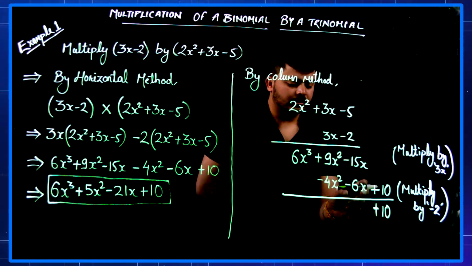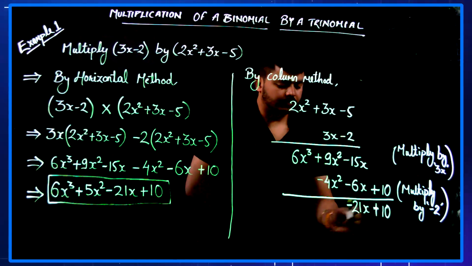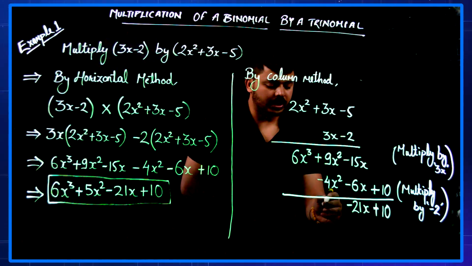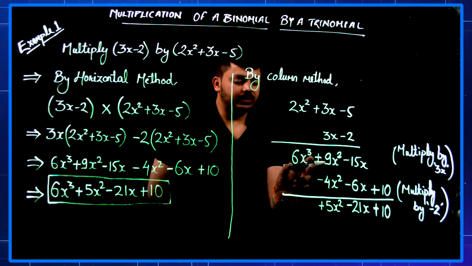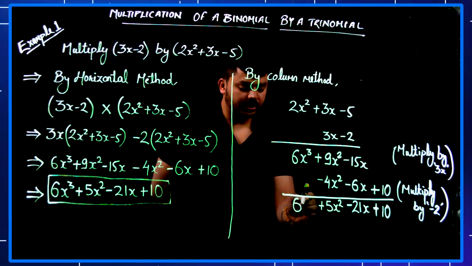Now adding the x terms, minus 15x plus minus 6x gives minus 21x. Now 9x square minus 4x square gives plus 5x square, and 6x cube as it is, as there is no other term in the column.